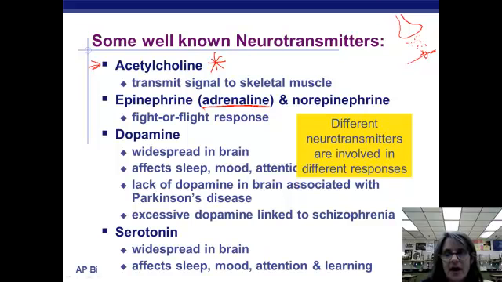All right? But the bottom line that you need to take away from here is that different neurotransmitters are involved in doing different things. The receiving cell, if this is my neuron and this is the cell and in between them is the synapse, there could be certain instances where dopamine is secreted to the next cell, but there are other instances when serotonin is secreted.